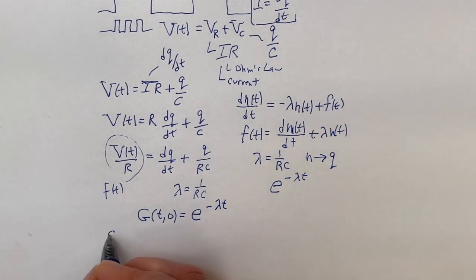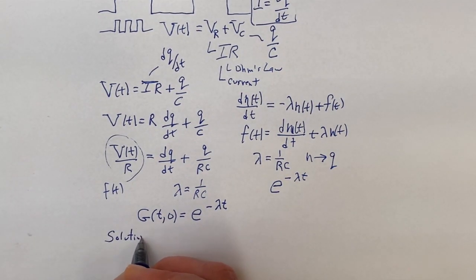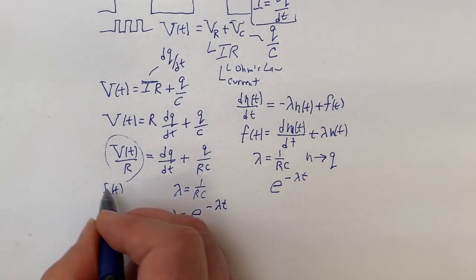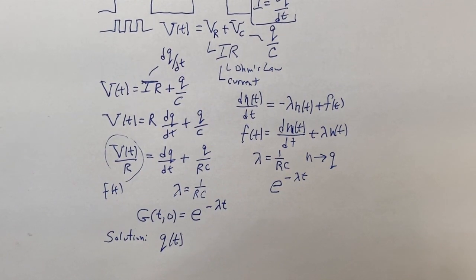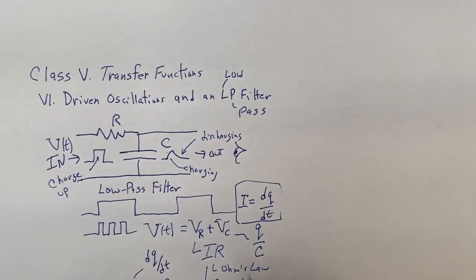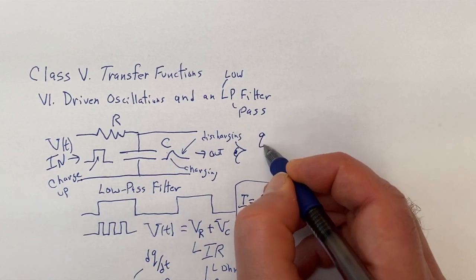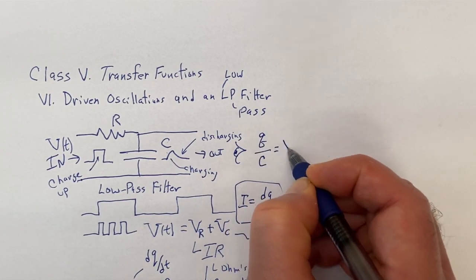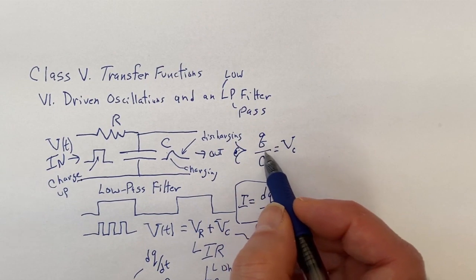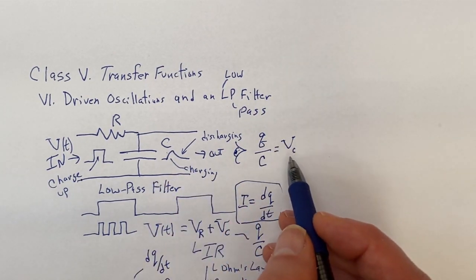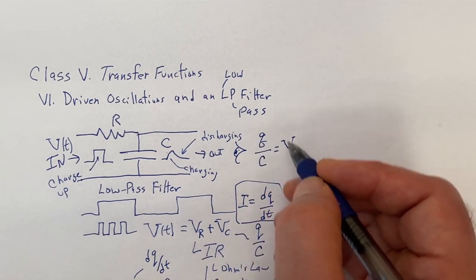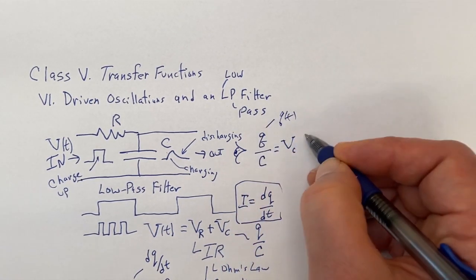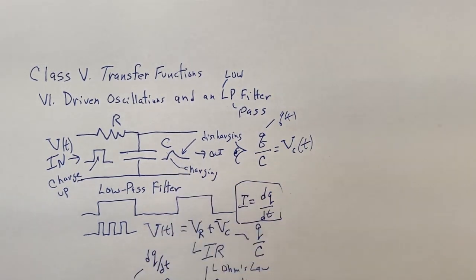And that means the general solution for arbitrary functions f of t, the solution being the charge on the capacitor, which is also related to the voltage that you see across the capacitor. So this is what you're looking at with the oscilloscope. You're looking at V sub C. So if we have Q as a function of time, we will then have the output voltage as a function of time.